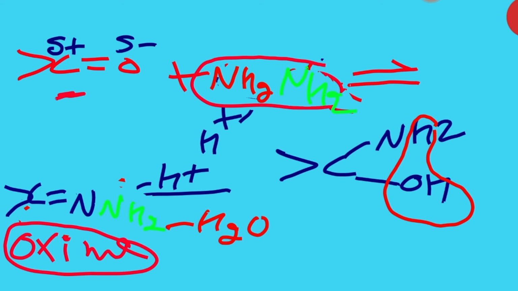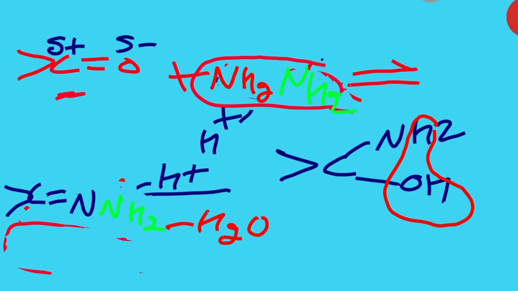NH2, and only the Z value we are changing. It was hydrazine, and this product is called hydrazone. What do you call it? Hydrazone. I hope you are getting my point. Okay students, now after that, what was the third one we had?